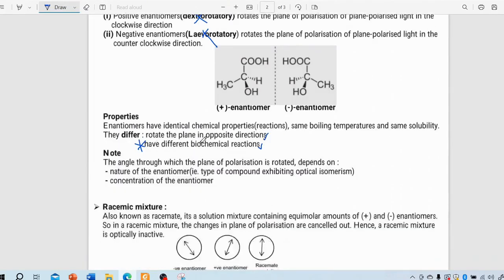I will explain this. So the thing to note is that the angle through which the plane of polarization is rotated depends on two things. Which angle again?